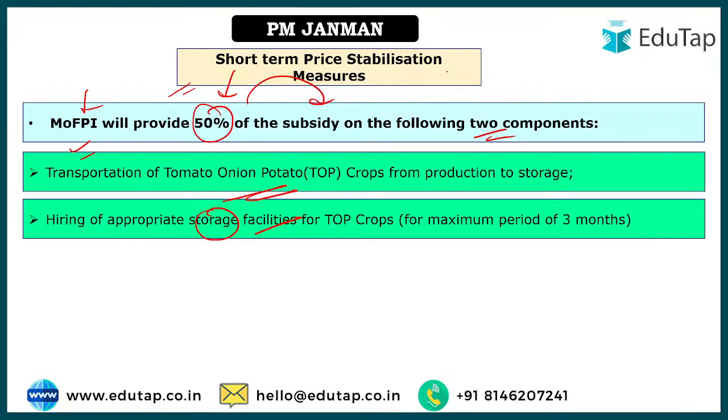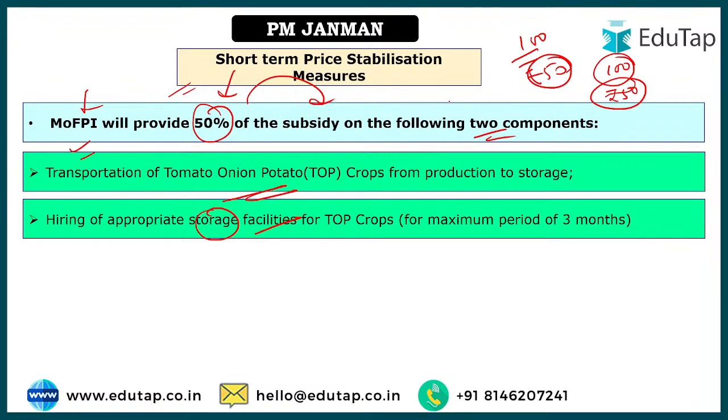Means if 100 rupees is required for the transportation, 50% subsidy means 50 rupees will be given by government. Similarly for storage facilities, if 100 rupees has to be given to a warehouse unit to store the produce, 50 rupees will be given by the government of India, right?